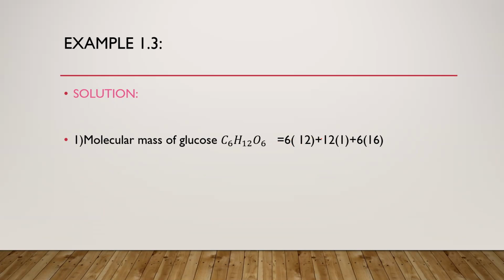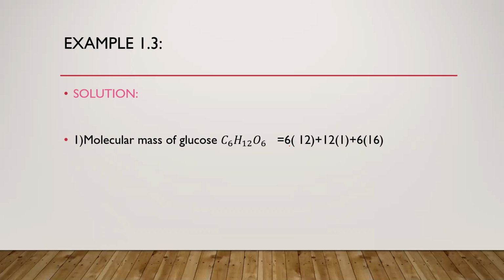Then add the mass of hydrogen. How many hydrogen? 12. And what is the mass? 1. Then add the mass of oxygen. How many oxygen? 6. Six oxygen is multiplied by its mass, which is 16.